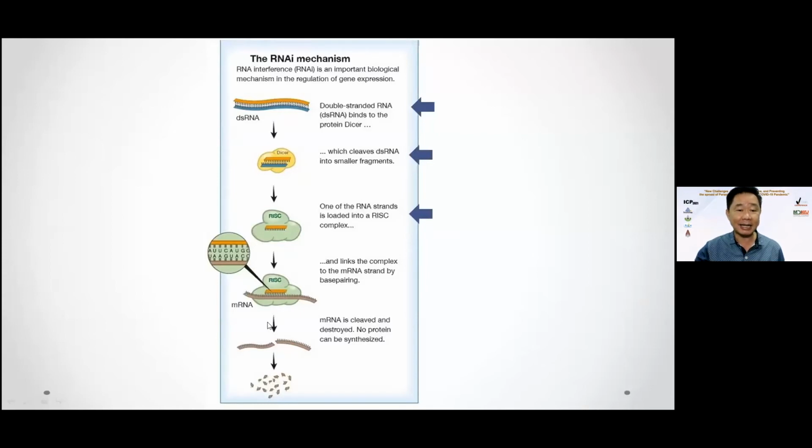RISC digests or cleaves the mRNA of the target into very small pieces, so the protein cannot be synthesized. We mimic this in the experiment by introducing double-strand RNA into the liver fluke, and that double-strand RNA triggers the RNAi mechanism to digest mRNA and stop protein synthesis.